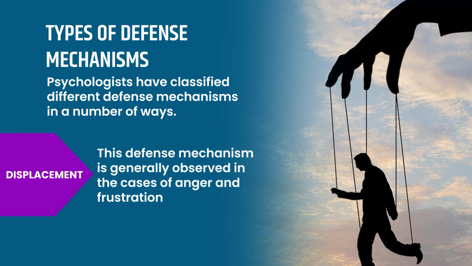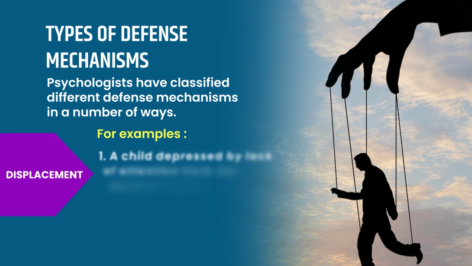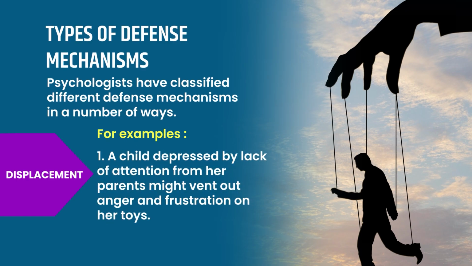This defense mechanism is generally observed in the cases of anger and frustration. In displacement, the person ventilates his or her negative emotions, mainly anger and frustration, on a relatively harmless person or object. For example, a child depressed by lack of attention from her parents might vent out anger and frustration on her toys.